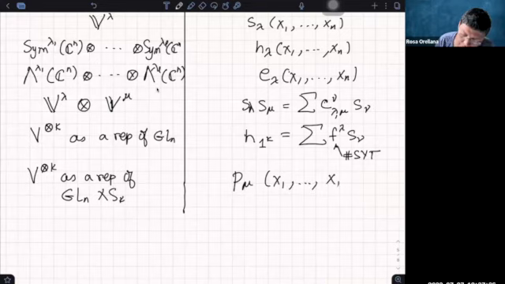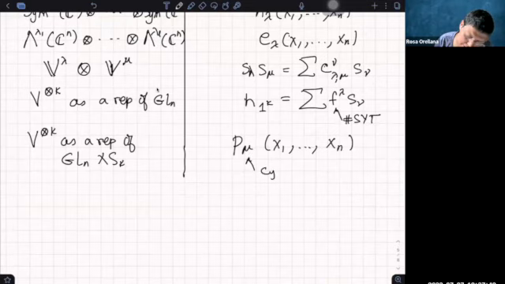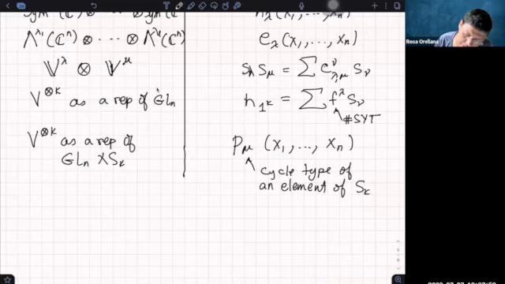I told you this during the first lecture, and this mu is the cycle type of an element of S_K, because you are now evaluating it at a pair, one a matrix and one a permutation. This is the cycle type, and these are the eigenvalues of the matrix, and you get the power symmetric functions, okay?